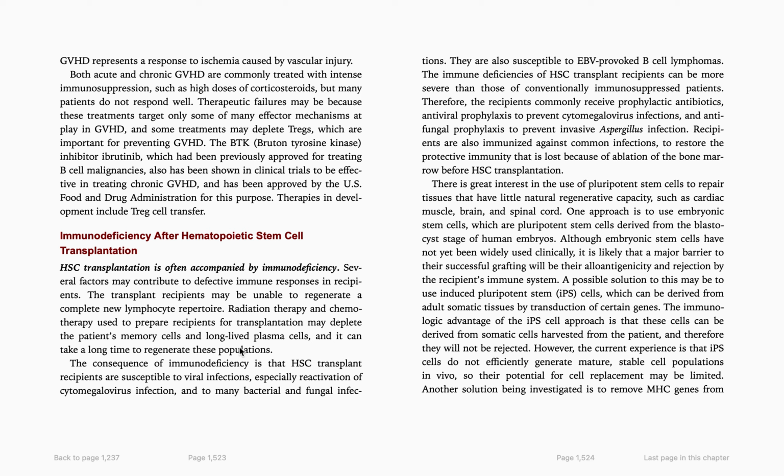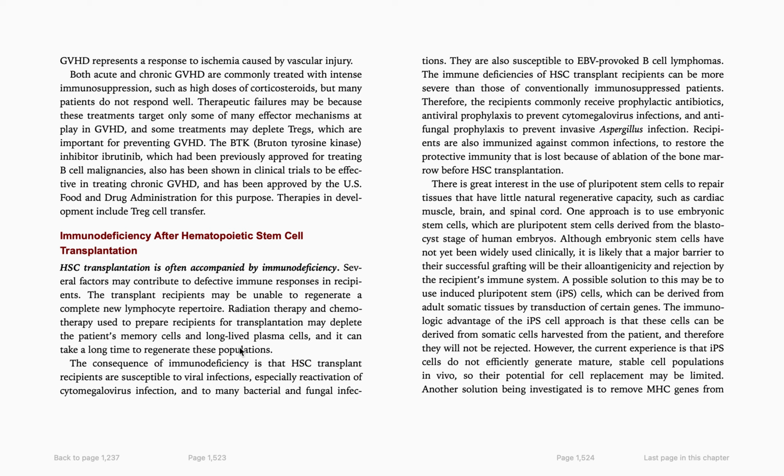Both acute and chronic GVHD are commonly treated with intense immunosuppression, such as high-dose corticosteroids, but many patients do not respond well. Therapeutic failure may be because the treatment targets only some of the many effector mechanisms at play in GVHD, and some treatments may deplete Tregs, which are important for preventing GVHD.